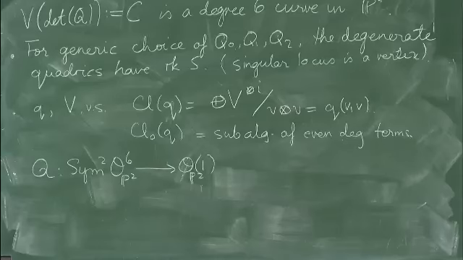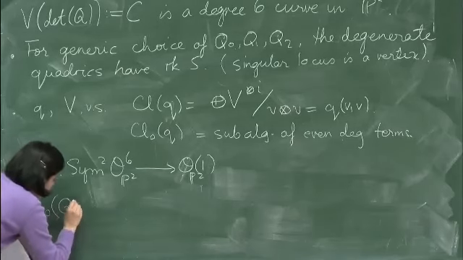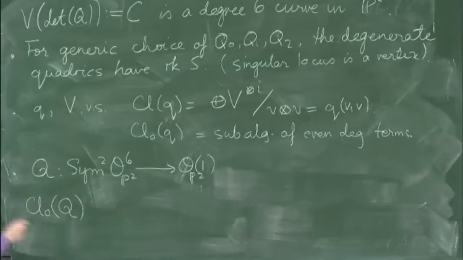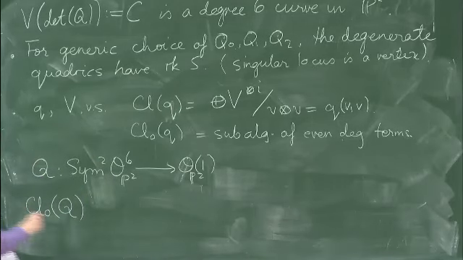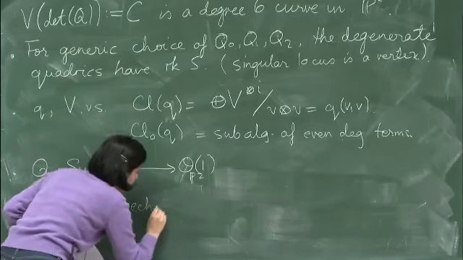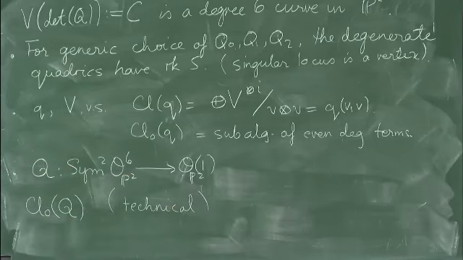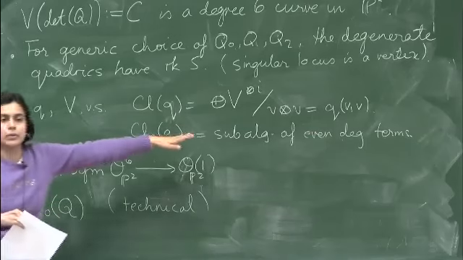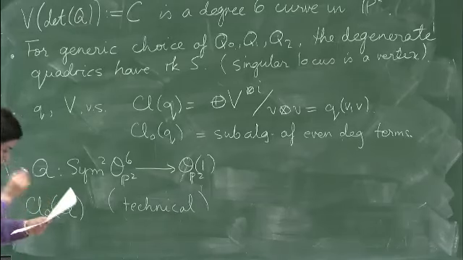There isn't a notion of a Clifford algebra, but we can form a sheaf with an algebra structure which we call the even Clifford algebra of Q. The definition is technical, so I'm going to skip it in the interest of time. But all I want to say is that for all practical purposes, wherever the quadratic form does not degenerate, this coincides with the usual notion of the even Clifford algebra. I can explain the technical terms later on if you like.